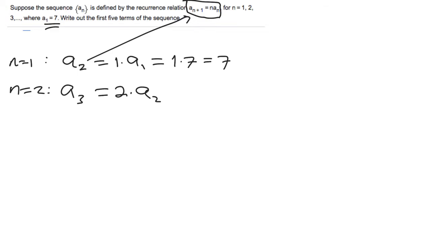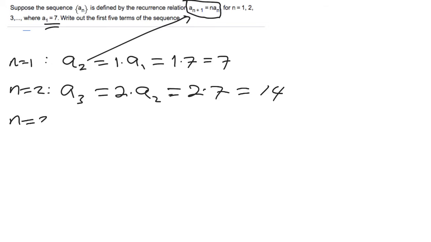So again, you can stop and look. This equation and this equation match exactly if in this one you change all the n's to be 2's. This helps us evaluate the function because I know that a sub 2 is equal to 7. So 2 times a sub 2 is the same as 2 times 7, which is 14.